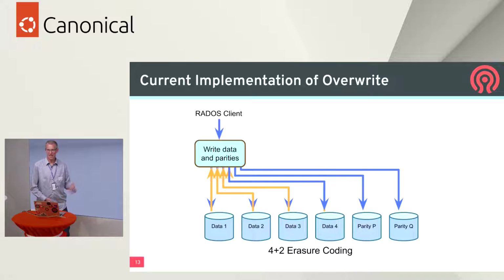It merges the new data that is being overwritten into what it's read, calculates the new parities, and then writes all of the data and the parities back out again. So if you're just modifying 4K of data, it reads everything, does the update, merges it, recalculates, writes everything back out again. Very inefficient, lots of arrows there, so we're burning lots of network bandwidth and a lot of CPU. That's essentially why short random overwrites to Erasure coded pools today give you such terrible performance.